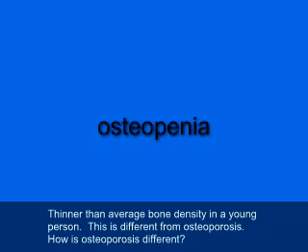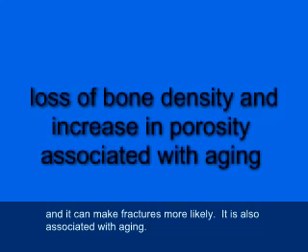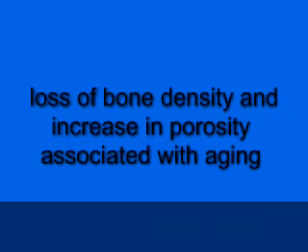How is osteoporosis different? Well, osteoporosis is the loss of bone density to the point that the bones are actually becoming porous, and it can make fractures more likely. It's also associated with aging.